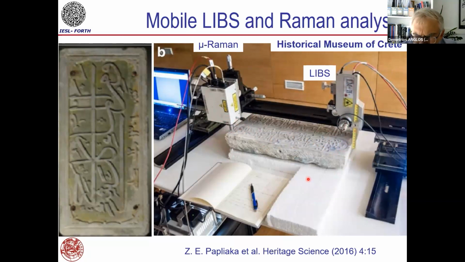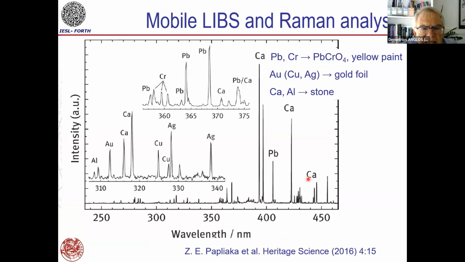So I'll take half a minute to show you a relevant LIBS spectrum for the analysis that we just described in the previous slide. A typical LIBS spectrum is full of narrow atomic emission lines, and those more or less identify the composite material that you have.